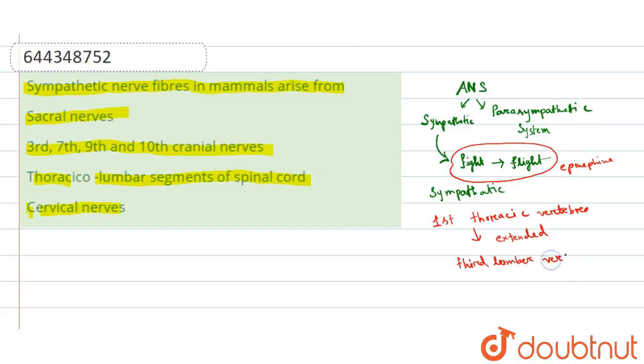So that means the spinal cord is the origin of these sympathetic nerves.